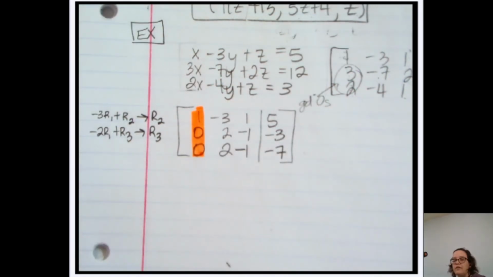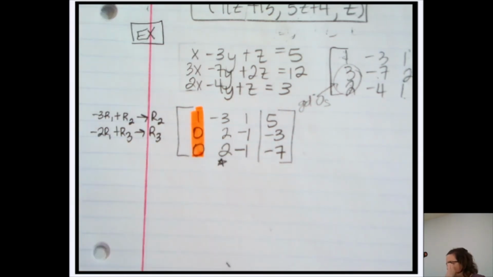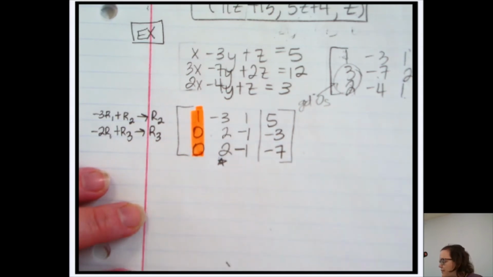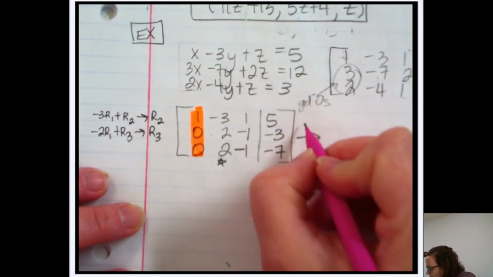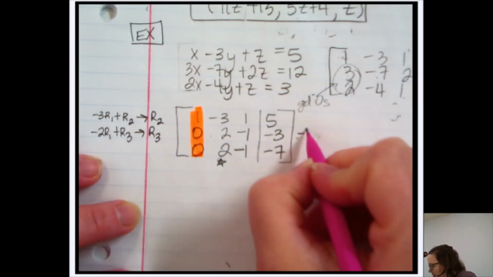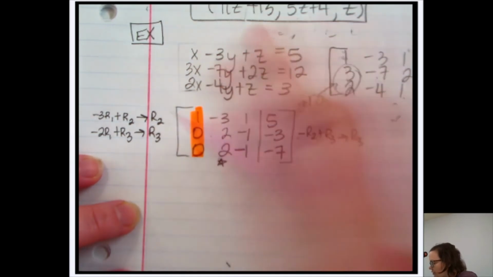Okay. So now we head in to the right, and we need to deal with this by getting opposites as well, because we want 0, and we use the 1 up above it. So let's just take, you can do the opposite of either, but -R2 plus R3, and we want to replace R3.